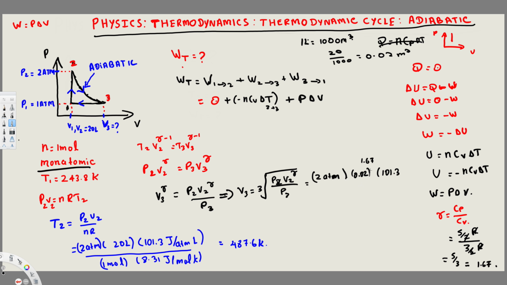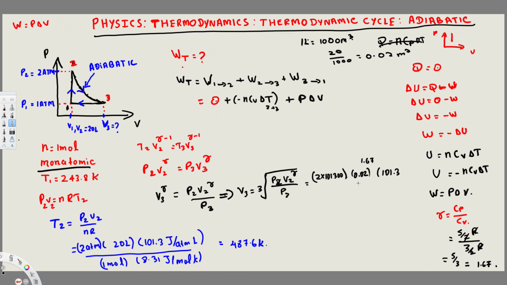So this is going to be 0.02 meter cube. So if it's in meter cube, I have to convert ATM into Pascal because I have to maintain the SI unit, right? So to convert this one into Pascal, I have to multiply this one by 1/300. So this is going to be 2 times 1/300 Pascal. So Pascal is basically Newton per meter square.